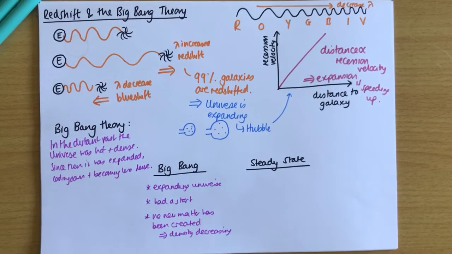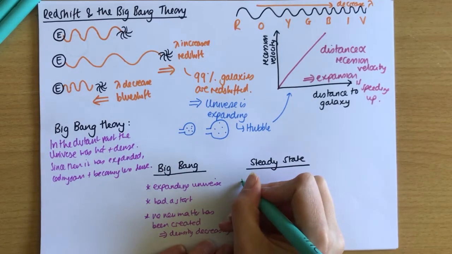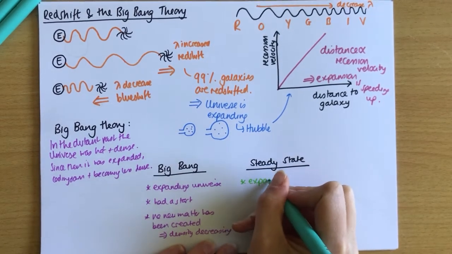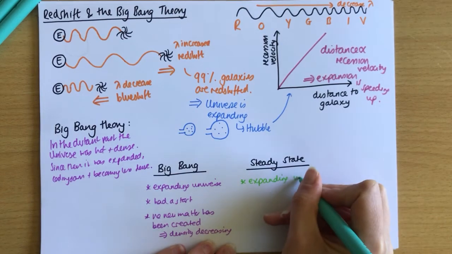Now, when I was at university, I only learnt about the Big Bang Theory because we think it's right, but not everyone did. Back in the 1950s, there was another theory that was pretty much as popular, and that was the steady state theory. The steady state theory has some similarities and differences with the Big Bang Theory. One similarity is that it says that the universe is expanding.